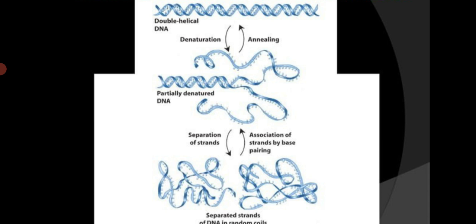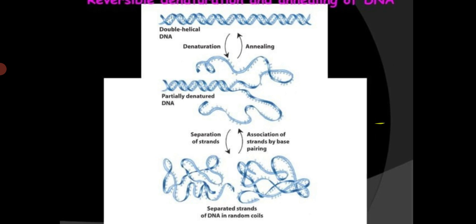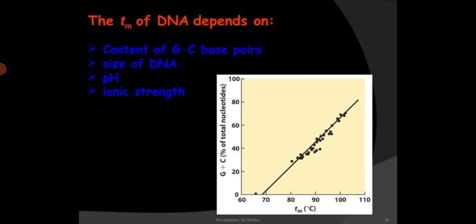So, annealing and denaturation. The temperature required for denaturation is called Tm, and this temperature depends upon the content of G plus C base pairs, size of DNA, pH and ionic strength.